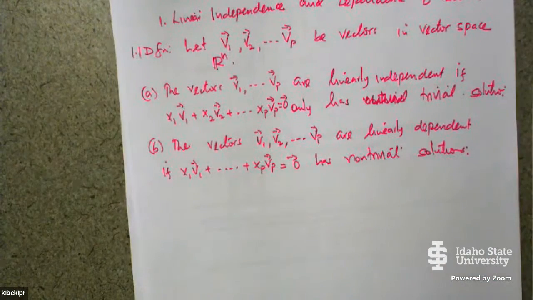So if we have free variables, it becomes linearly dependent. If we don't have free variables, we get the trivial solution, so they are linearly independent.